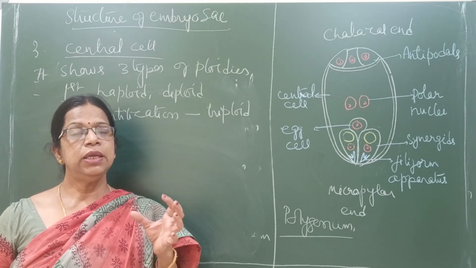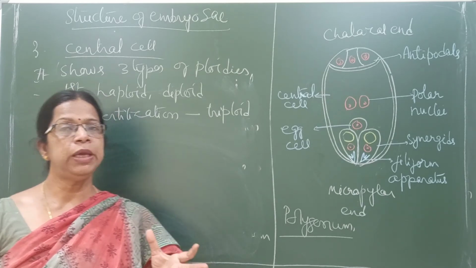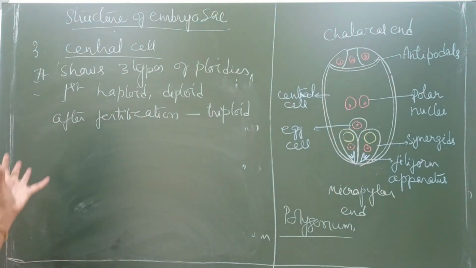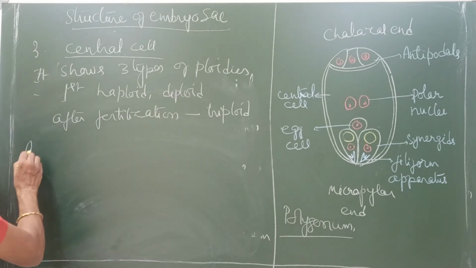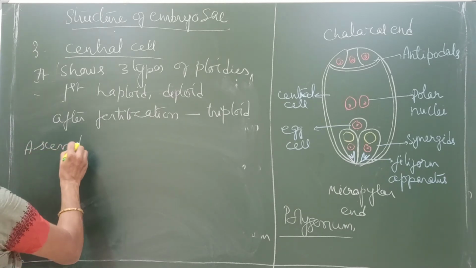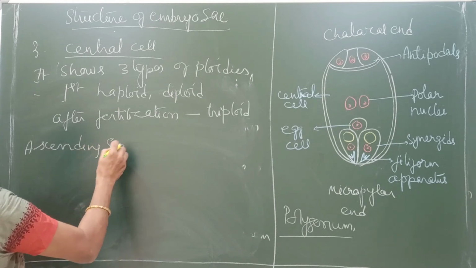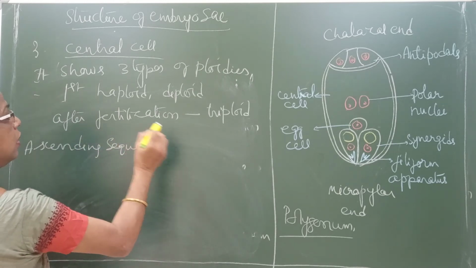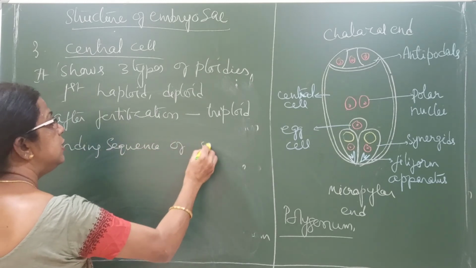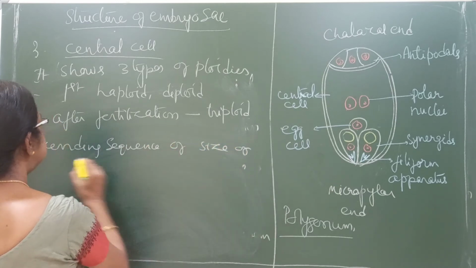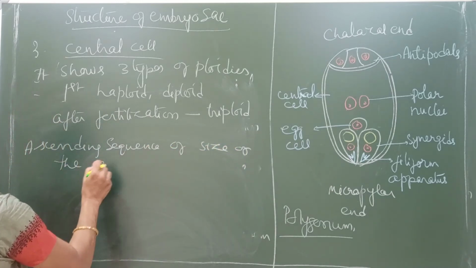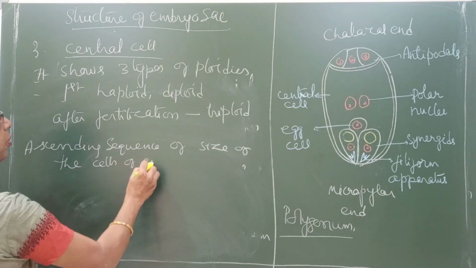Now, one question we may expect here is regarding the size of these cells. We can give a descending or ascending sequence of these cells. Suppose we ask for the ascending sequence of size of the cells of the embryo sac.